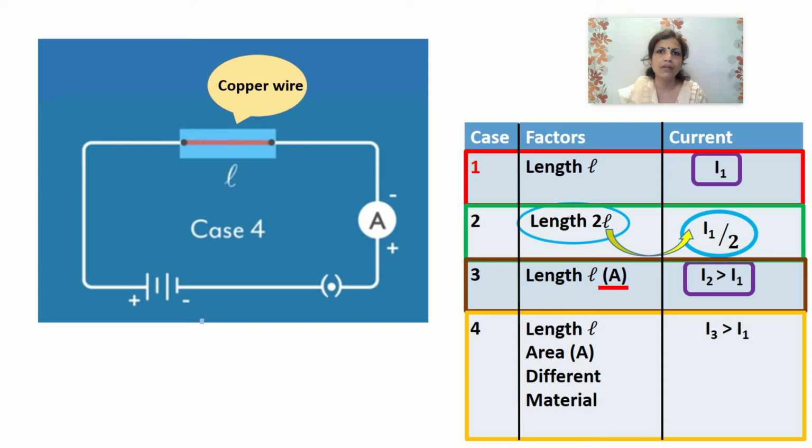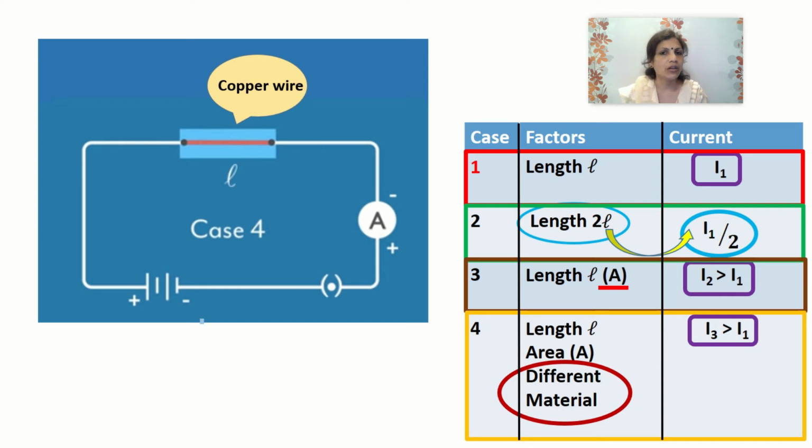So length is the same, area of cross-section is the same, but the material is different. Earlier it was nichrome wire, now it is copper wire. Now if you check the current flowing through the circuit from the ammeter, you will observe that this current is greater than all the previous values. We'll denote this current by I3. So I3 is greater than I1, the first current which we took.